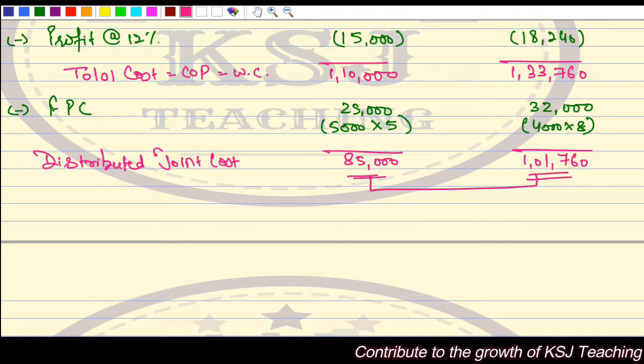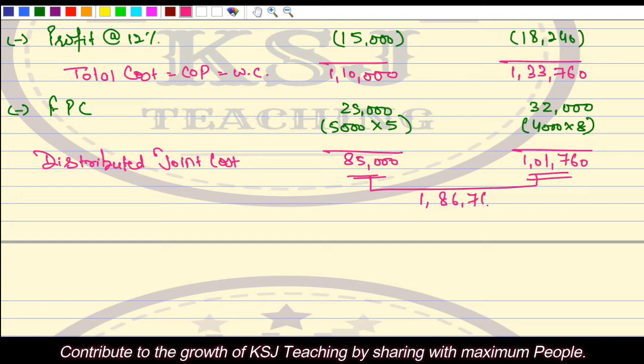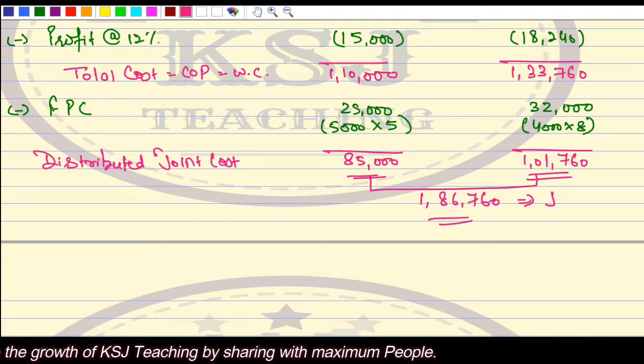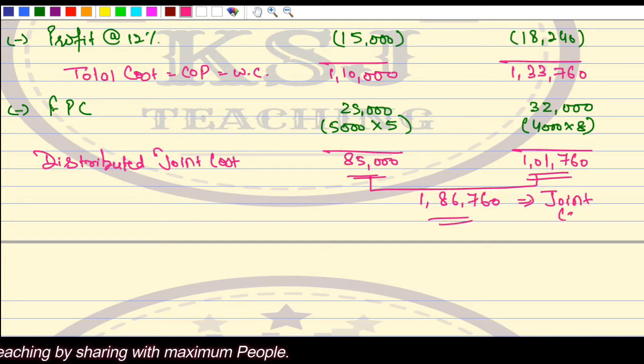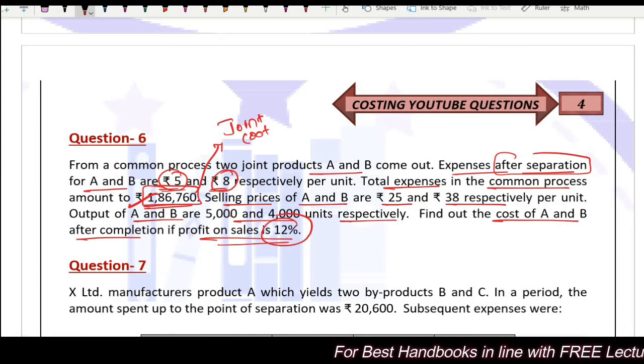Now if you sum total it, tell me the sum total. That will be 1,86,760. Now this is equal to your joint cost. It is equal to your joint cost, 1,86,760, right?